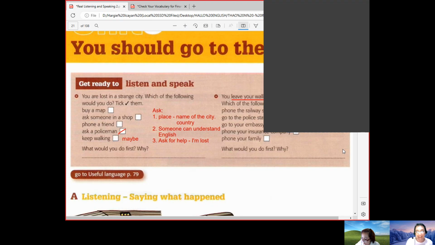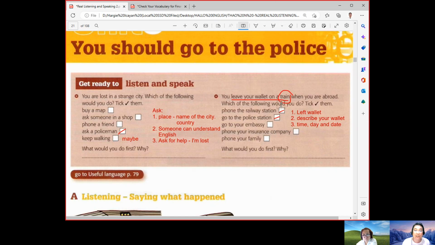It's very important. And the day and date. So it's very important to inform the railway station, the one in charge, so that they will make a search on that train. Okay, so that would be it.